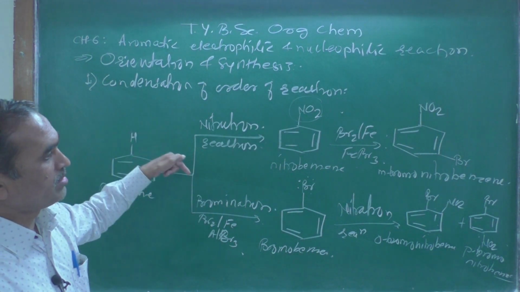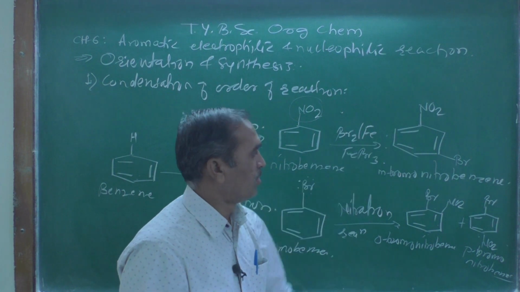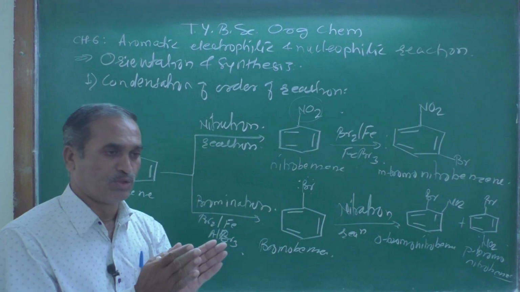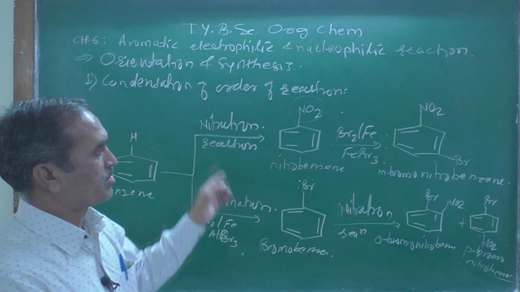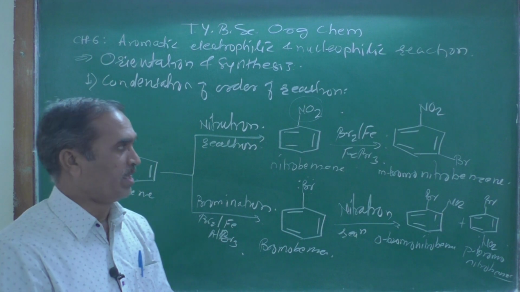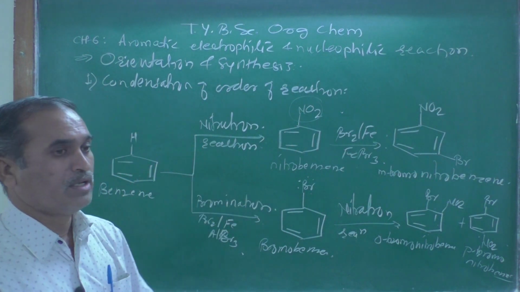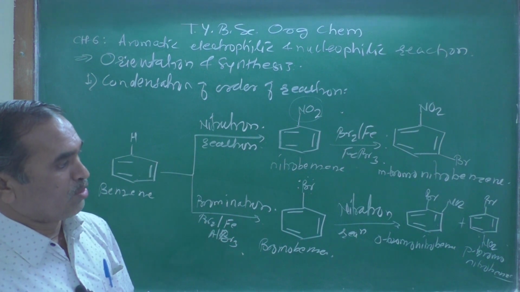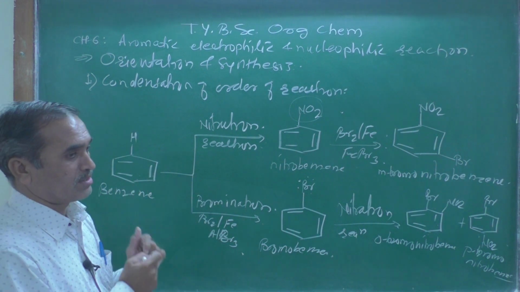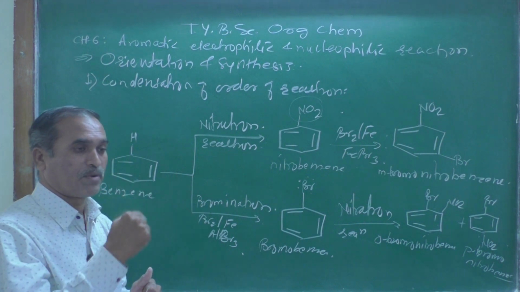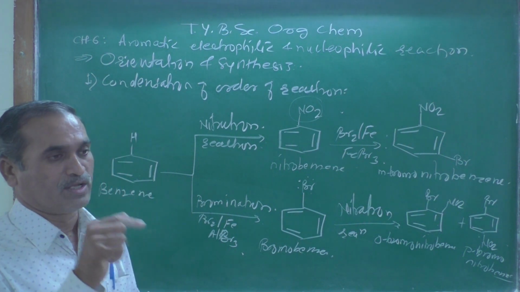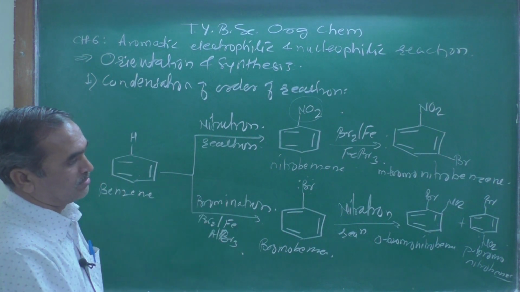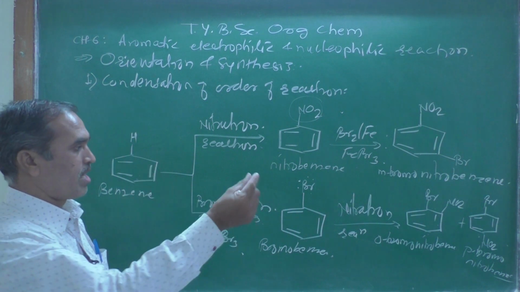If he wants meta bromo nitrobenzene, the first step is nitration followed by bromination, and he will get the desired product. Suppose he wants para bromo nitrobenzene; this type of knowledge of orientation we can apply for obtaining the desired product.